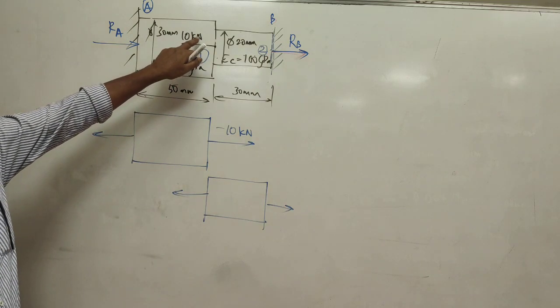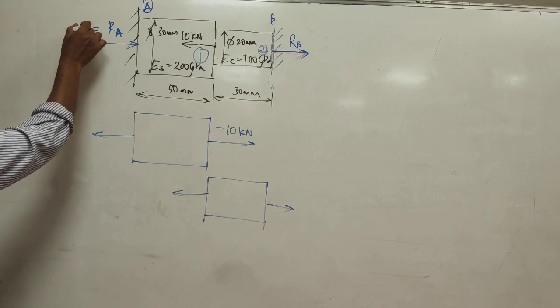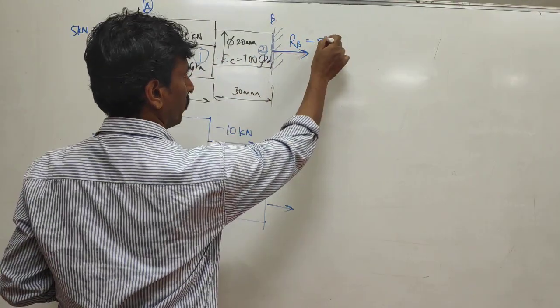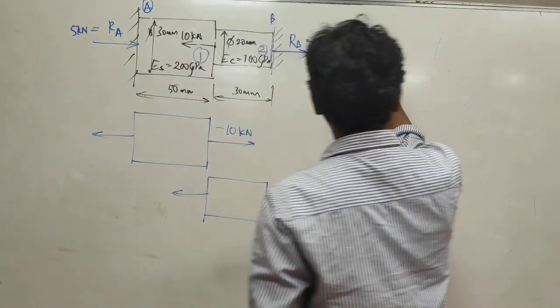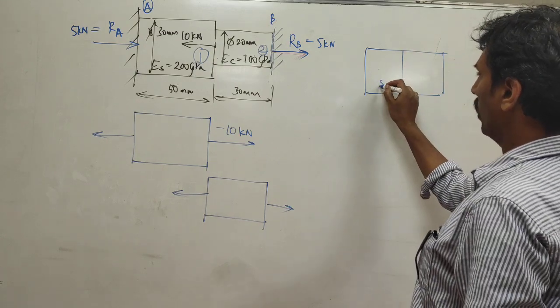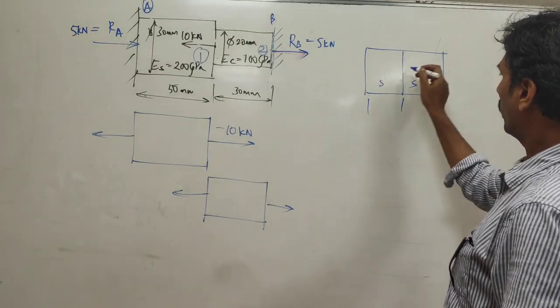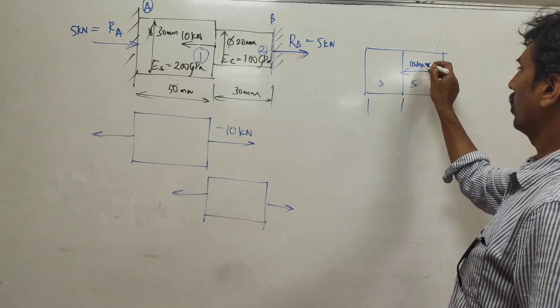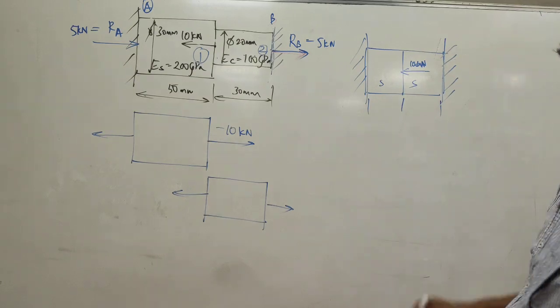Now the load is 10 kilonewton. Will each end produce 5 kilonewton? No. Why do you think each will not produce 5 kilonewton? Suppose I add a metal like this, which is also steel, the two lengths are the same, and there is a 10 kilonewton force, arrested on both sides.